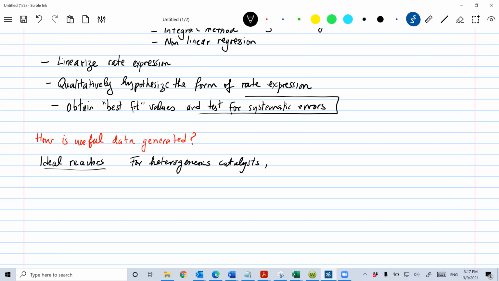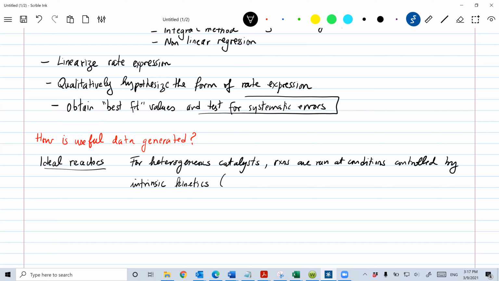The first thing, for a heterogeneous catalyst, reactions are run at conditions that are controlled by intrinsic kinetics, otherwise the data is not useful.